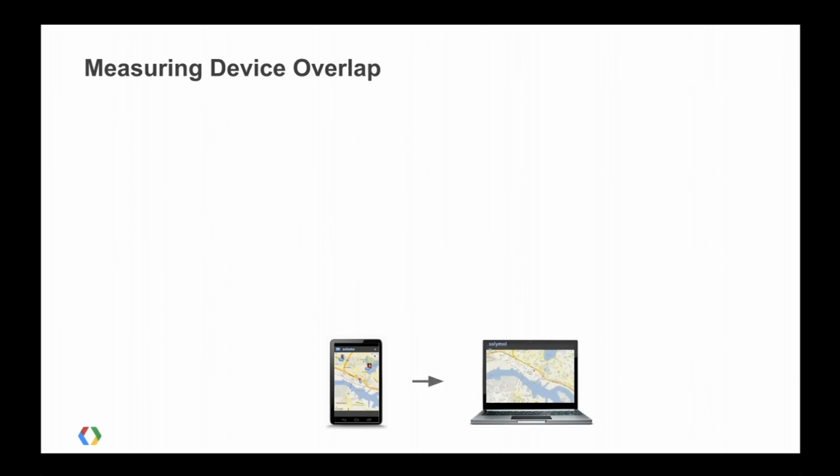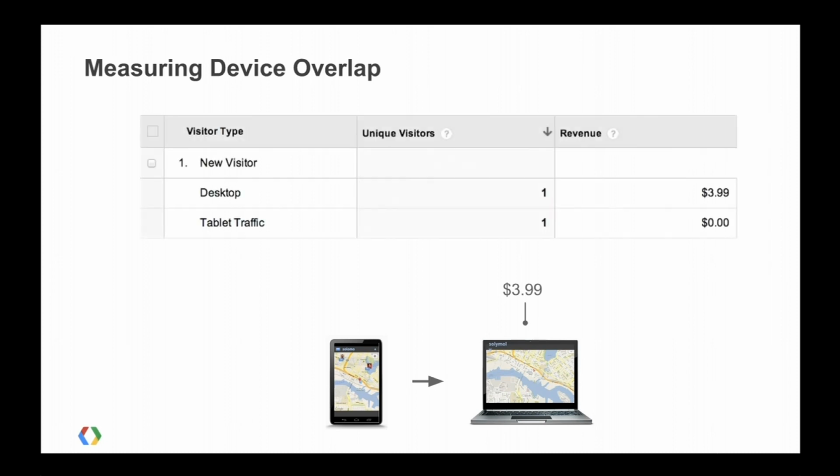Suppose Nick is using my app on his tablet. Then he moves to the desktop, and he uses my app there as well. And he actually does an in-app purchase for $3.99. This is great for me. If you did this without using user ID, and you looked in GA before these new cross-device reports, you might see something like this, where you see Nick represented as 2 unique visitors.